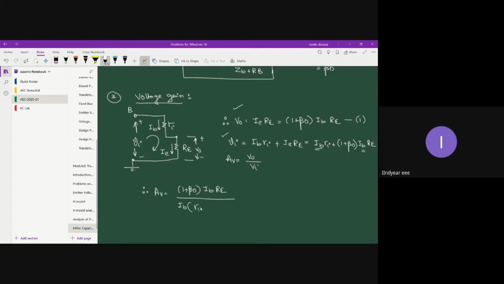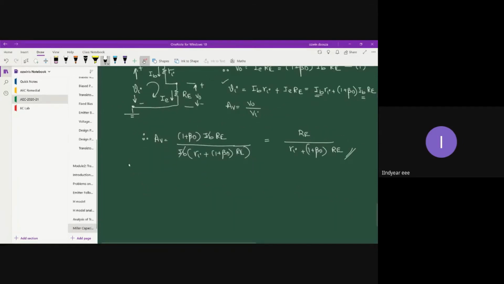Within the parenthesis, I'm left with RI plus 1 plus beta D times capital RE. So IB gets cancelled. So voltage gain, you will get it as RE divided by RI plus 1 plus beta D times RE. So this is the exact expression.